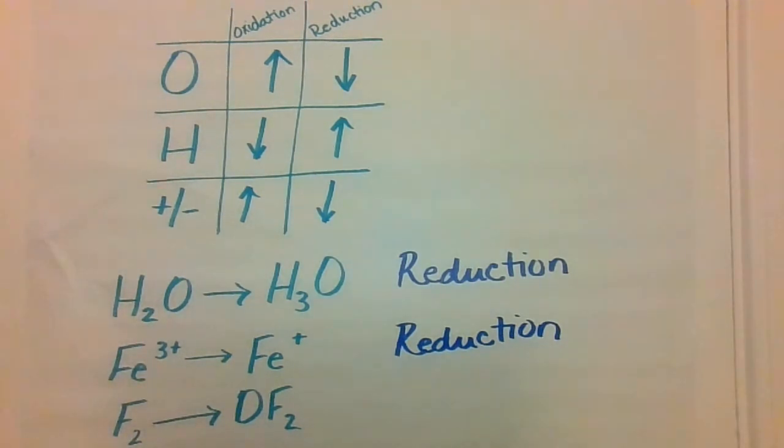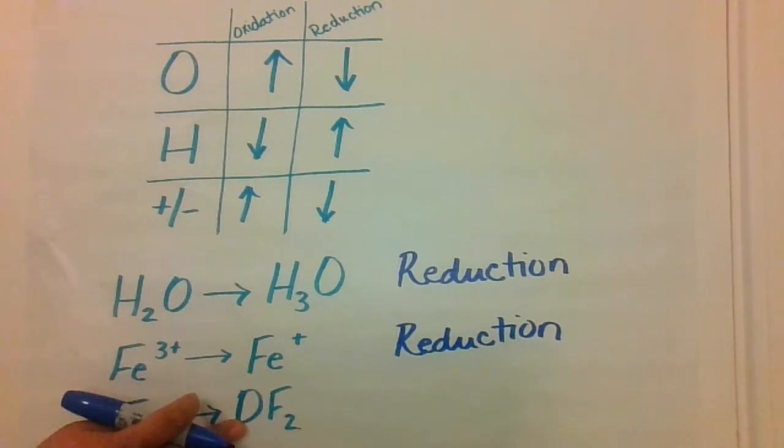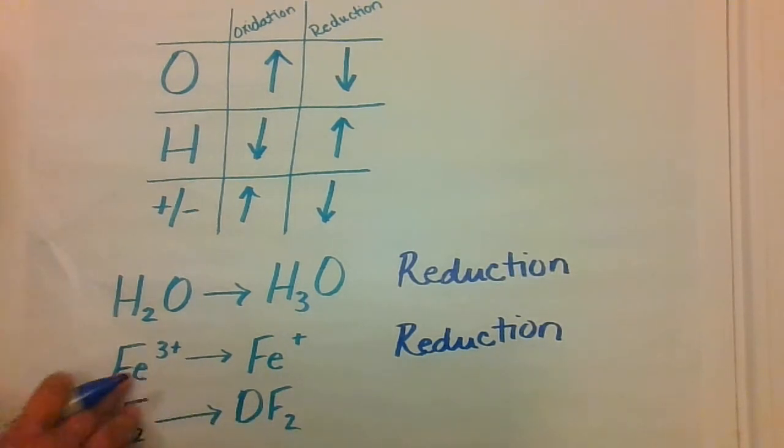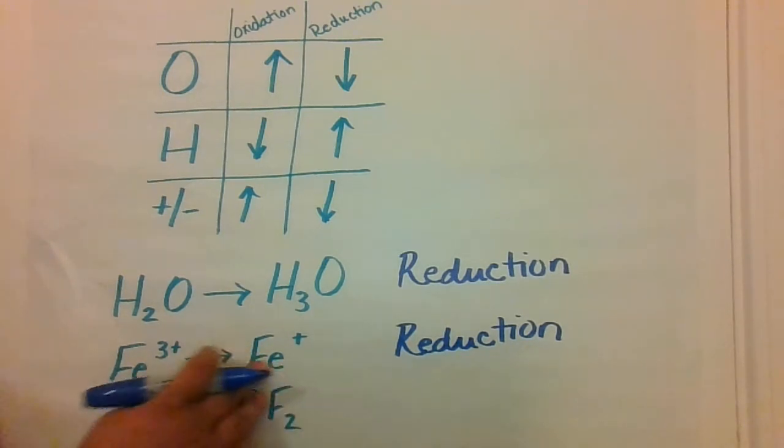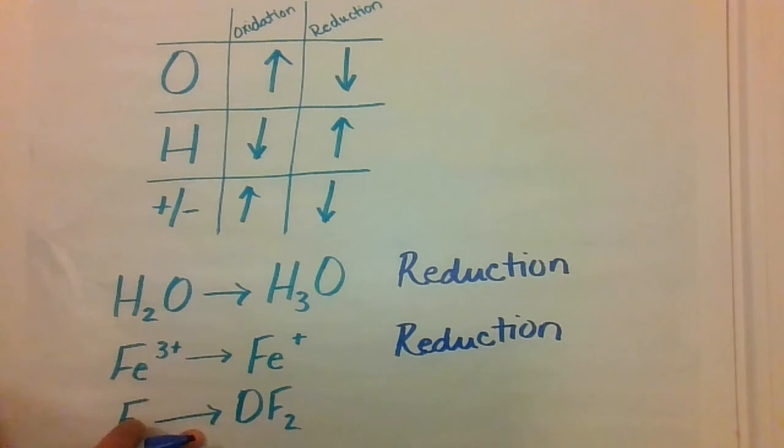And now our third example, we're going to have F2, or difluorine, or difluoride. And now we have OF2. So right here, we can automatically see that we've gone from a singular element to a compound that has another element.